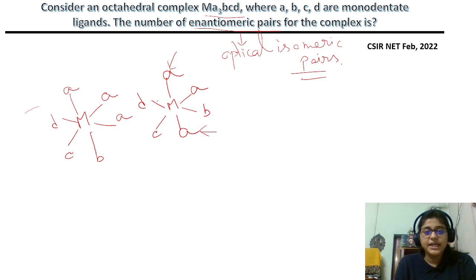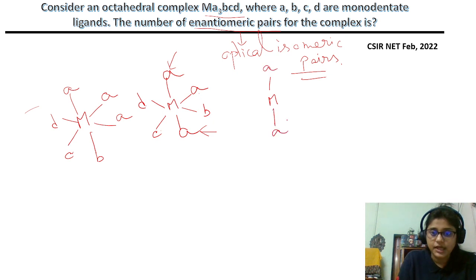B, D are trans, A, C are trans. It can be changed, right? Keeping A here, and C was there, it can be B, and D, C can be D. So AB trans, CD trans.